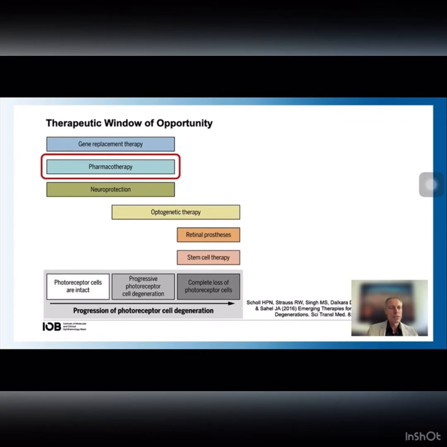As long as sufficient target cells, namely photoreceptors, have survived, the most prominent therapy approaches include gene therapy, pharmacotherapy, and neuroprotection. In the following slides, I will concentrate on new developments in pharmacotherapy.